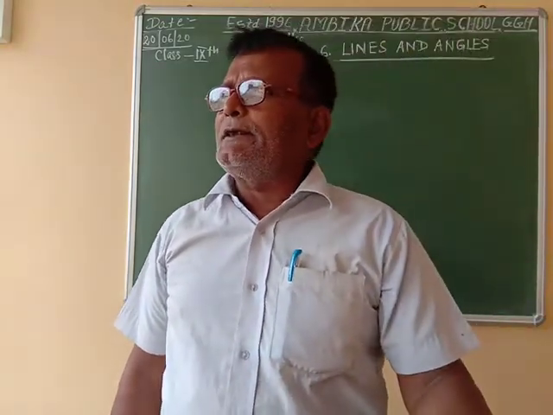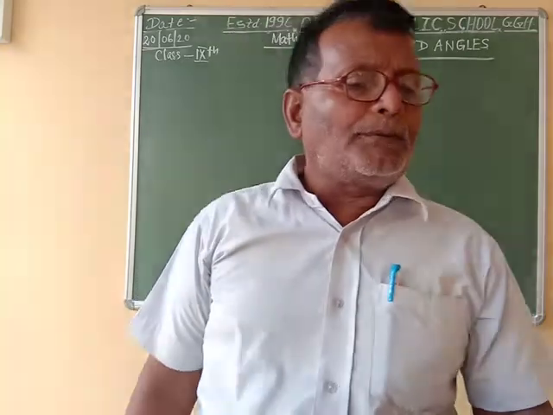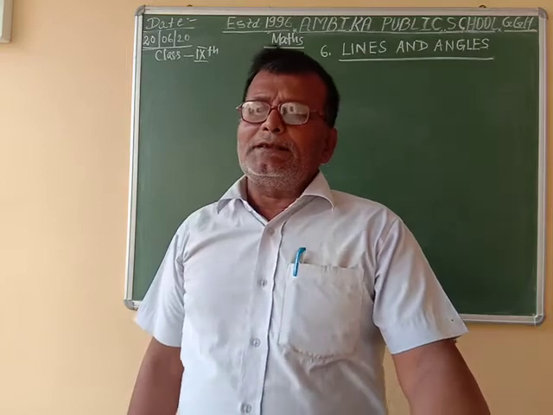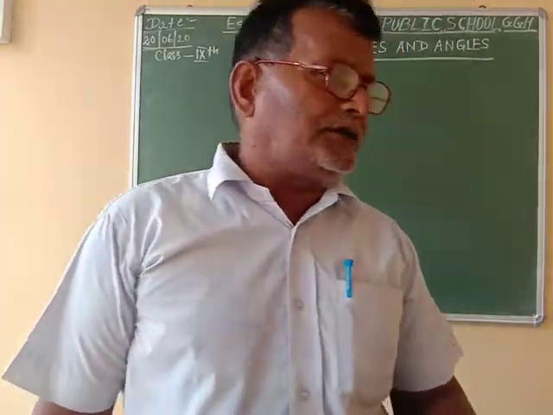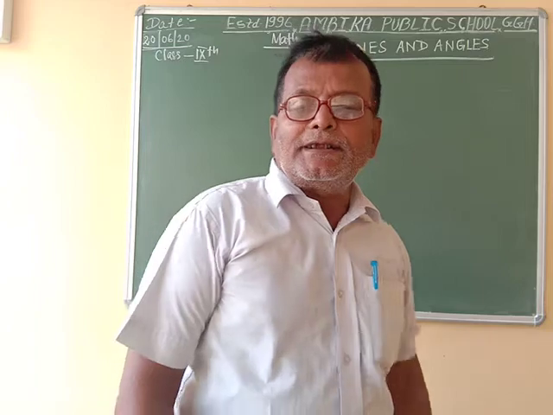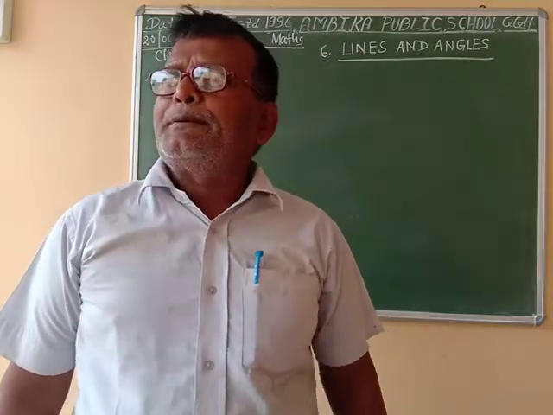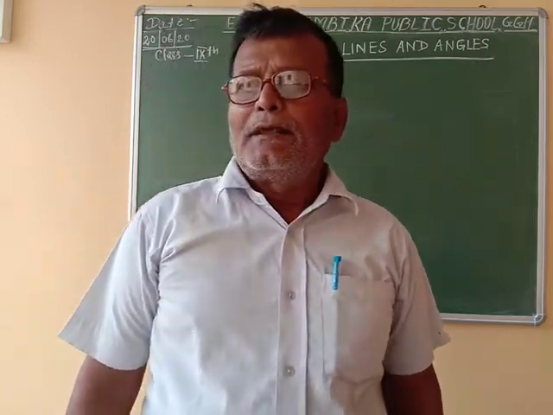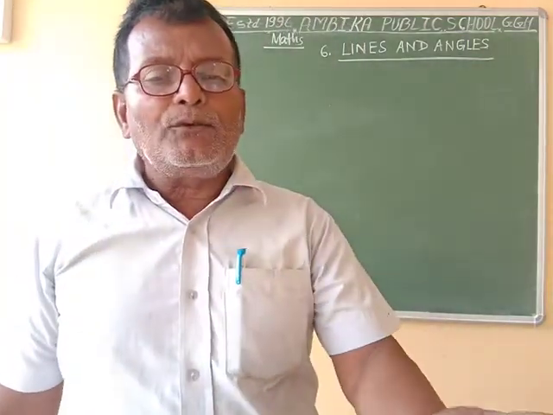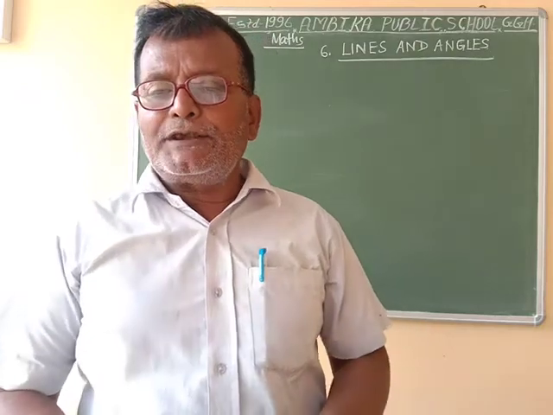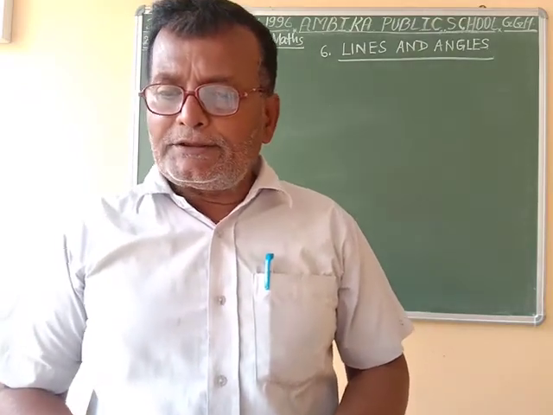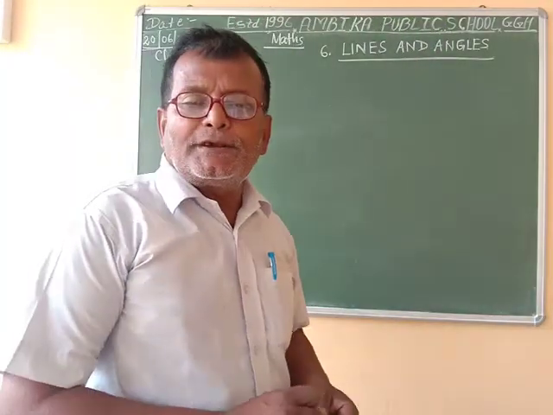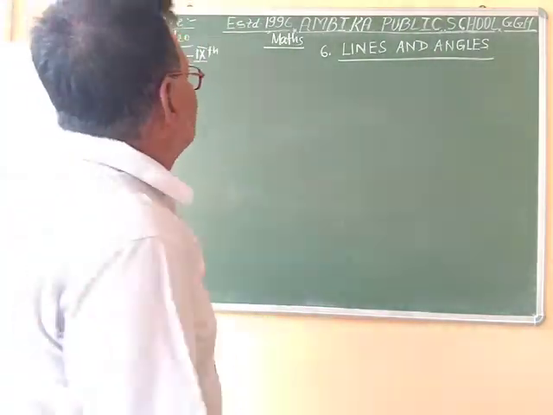Refresh your memory: if two lines intersect, then four angles are formed, in which each angle opposite to another angle is called vertically opposite angles. So I am going to prove theorem 6.1.